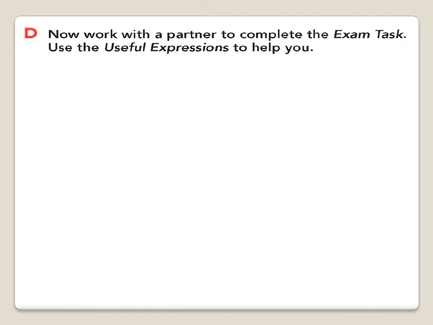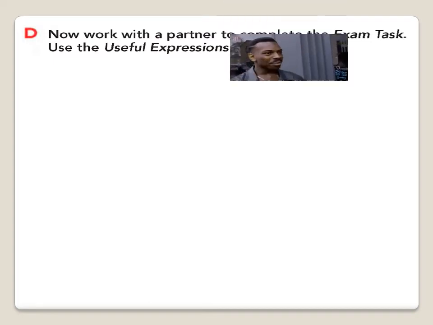And here is the speaking task that you have to complete. Okay, the instruction is now work with a partner to complete the exam task. Remember to use the useful expressions to help you and don't forget the exam close up as well.